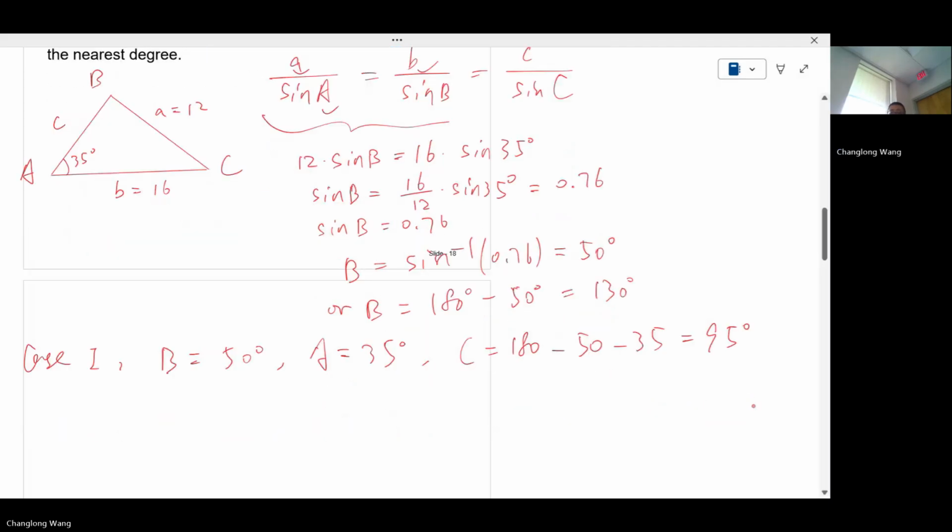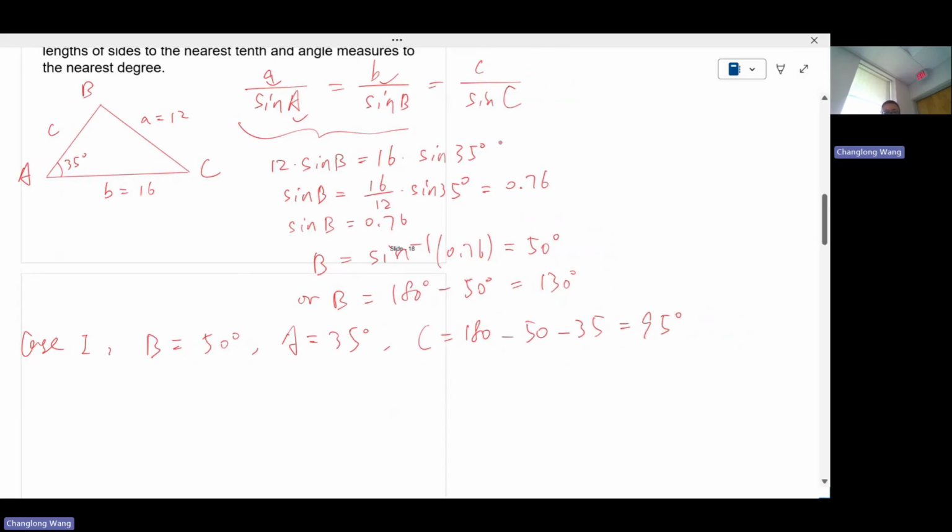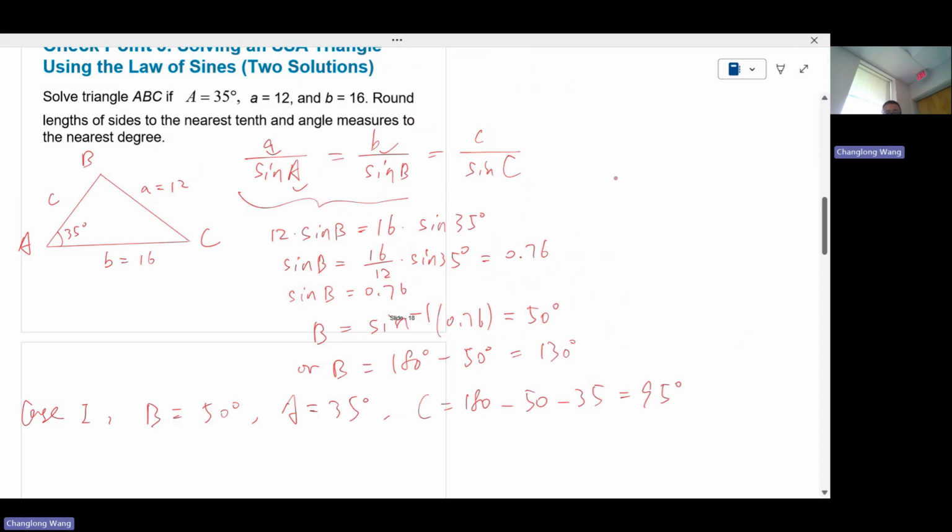Is that an angle that you can have in a triangle? Yes, right? So they add to 180. Nothing wrong with it, right? So now you have all 3 angles, right? In this case, what are we looking for? The last thing, the little c, right? So however you want, maybe take the second equality there, right? Say, look, I have b over sine B equals c over sine C, right?